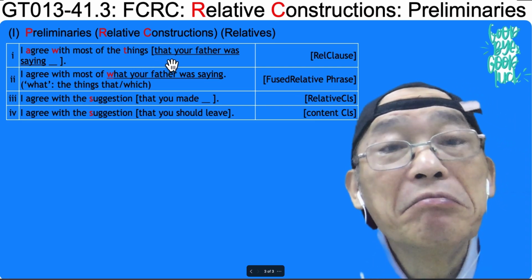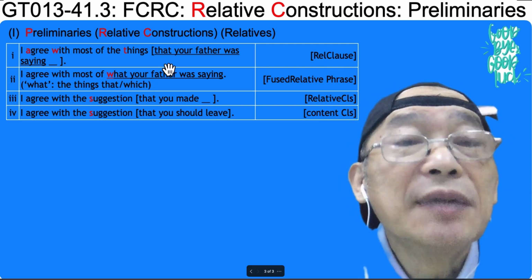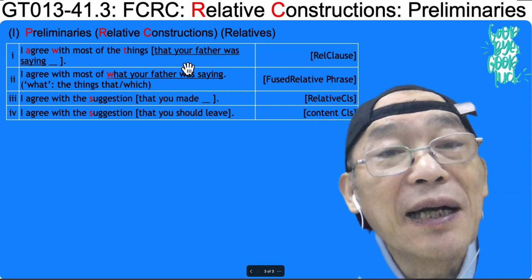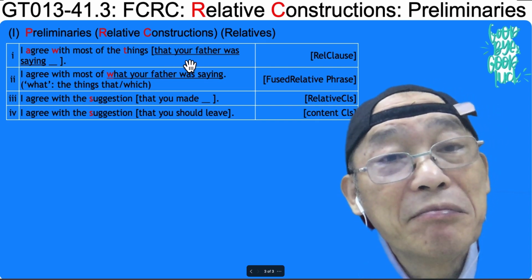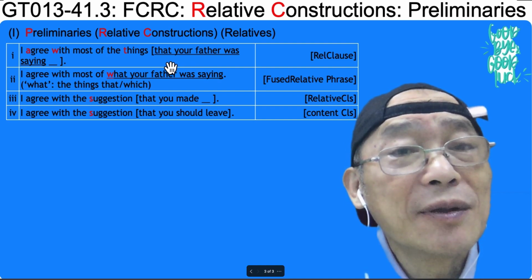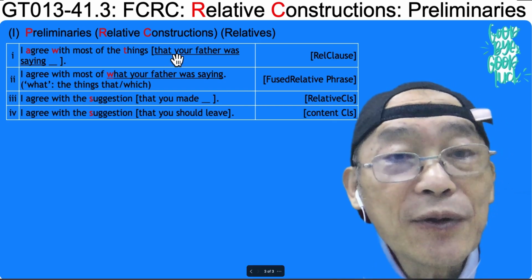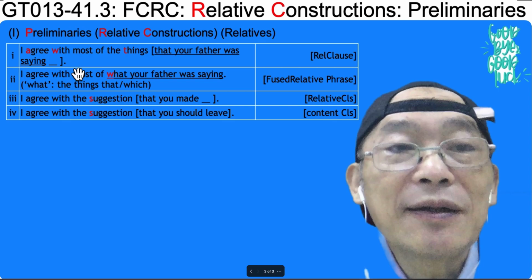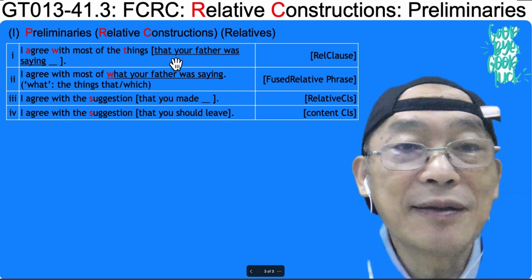An antecedent and the subordinator, and after the subordinator, the relative clause. The subordinator or marker: if you don't use that, the marker is this; if you use this, then the marker is here.